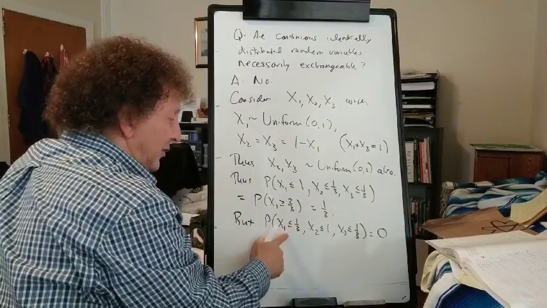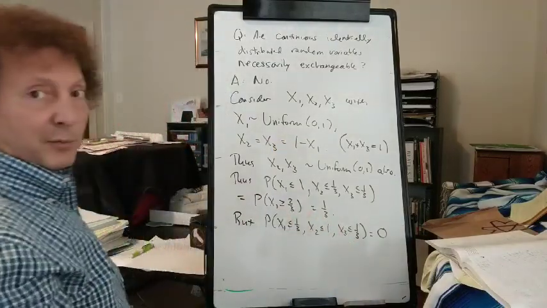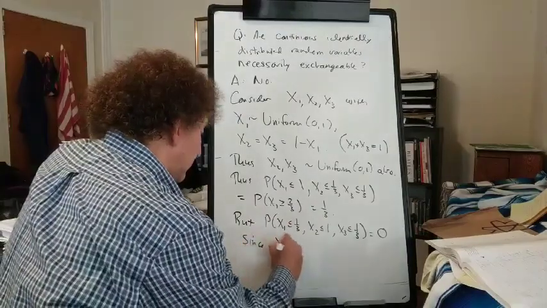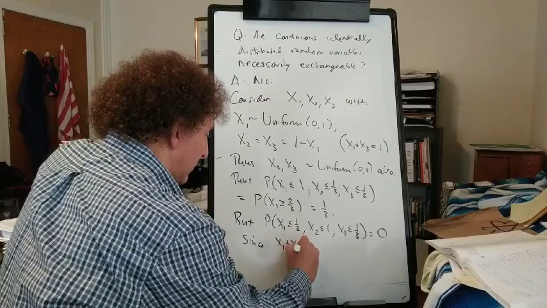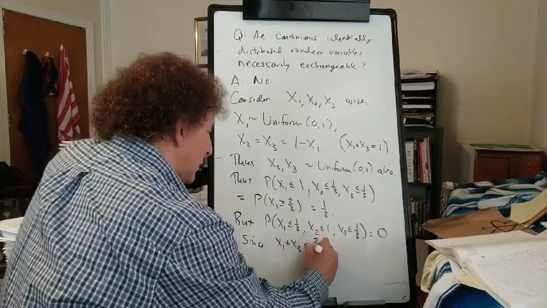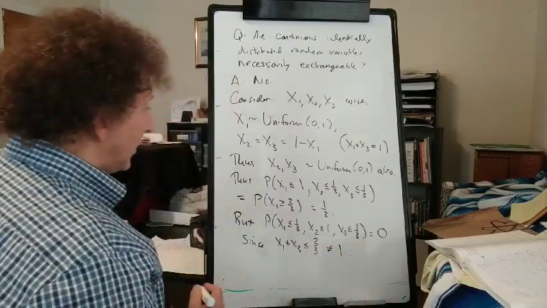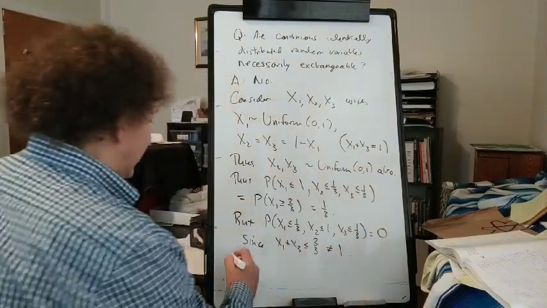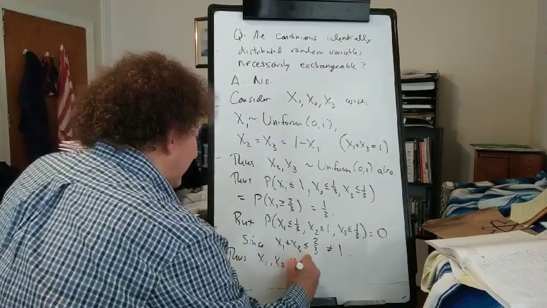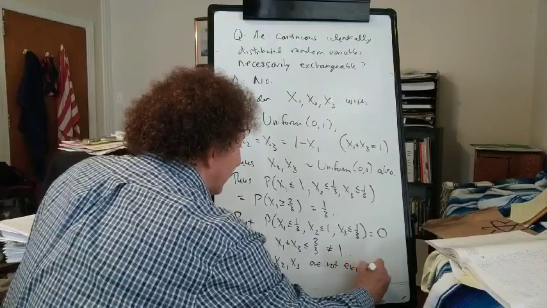But if X1 is less than or equal to 1/3 and X3 is less than or equal to 1/3, then they can't possibly add up to be 1. So that means that X1, X2, and X3 are not exchangeable.